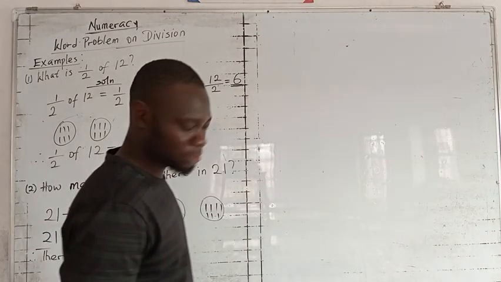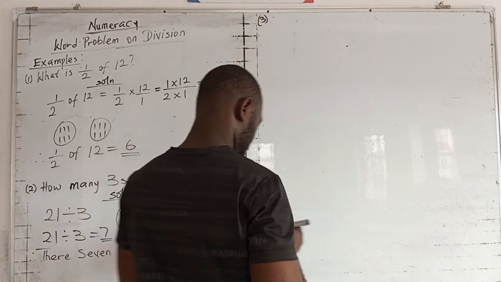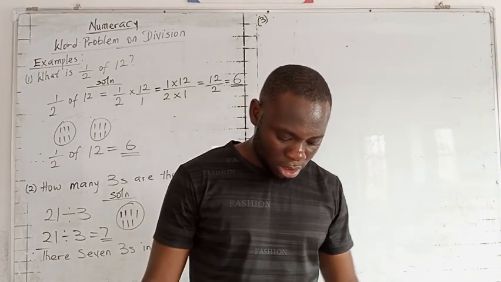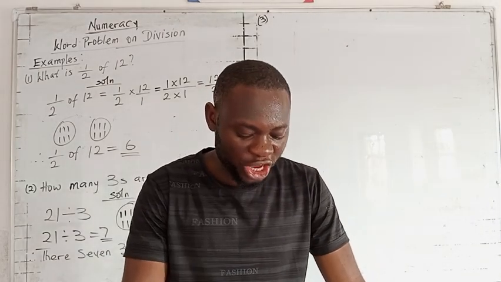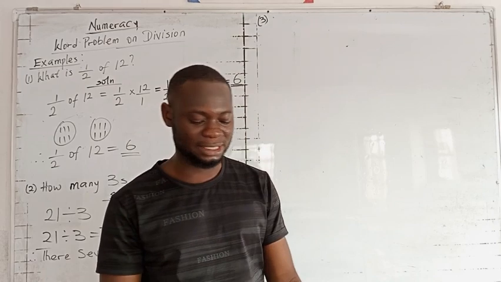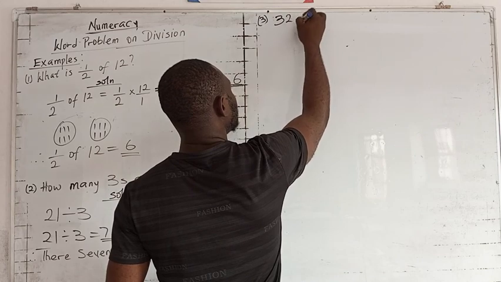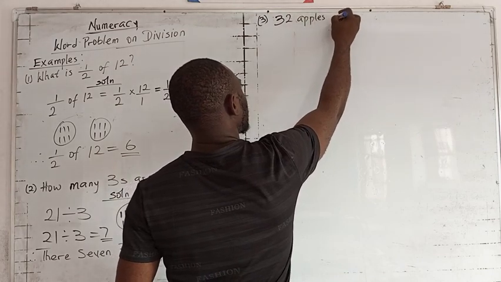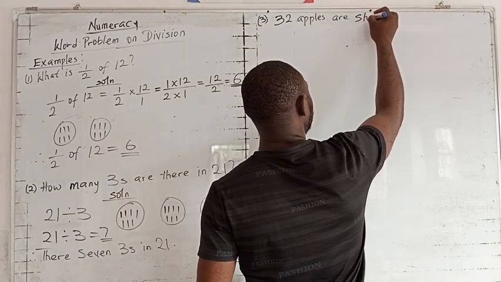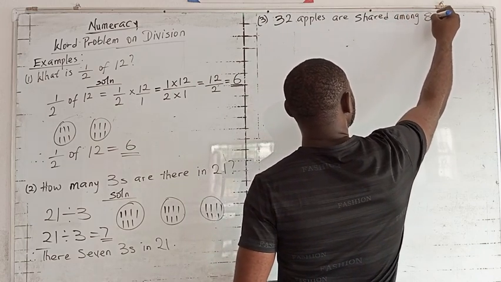Alright, let's look at question number 3. It says that 32 apples are shared equally among 8 people. How many apples will each person get?